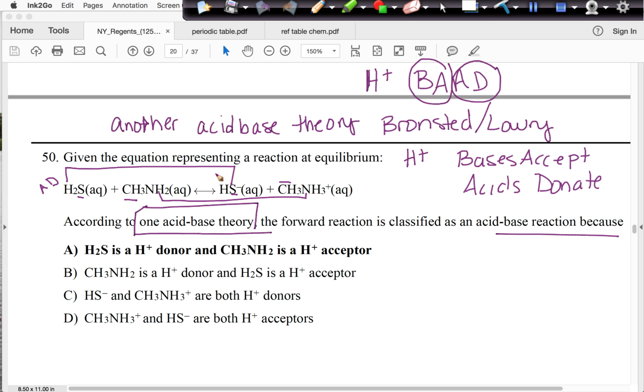The one of the pair that has fewer H's can act as the base acceptor. So NH3 has more H's, that's the acid donor. NH2 has fewer H's, that's the base acceptor. So H2S is an acid donor. CH3NH2 is a base, which is an acceptor.